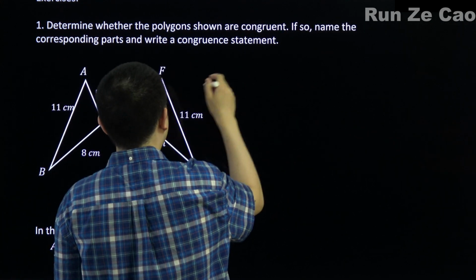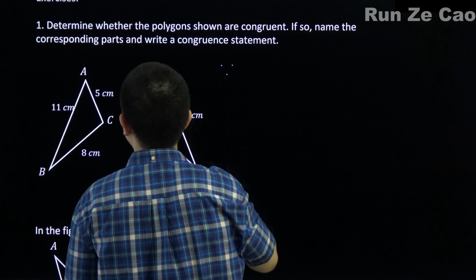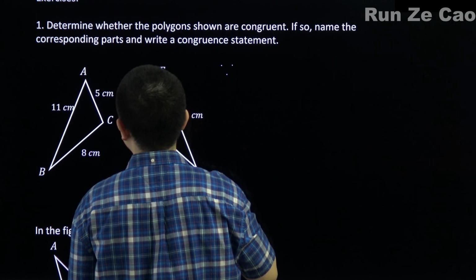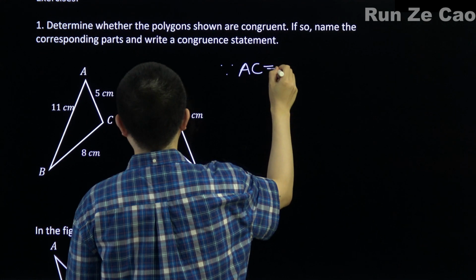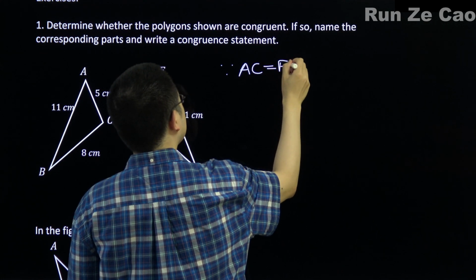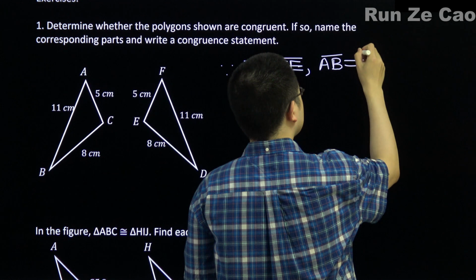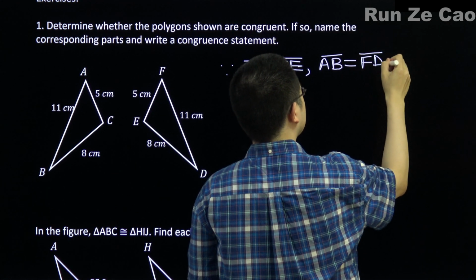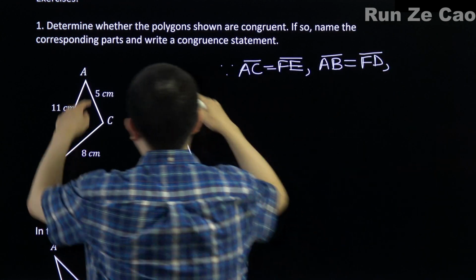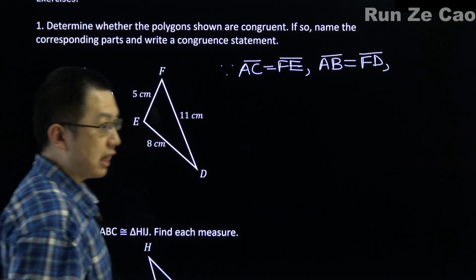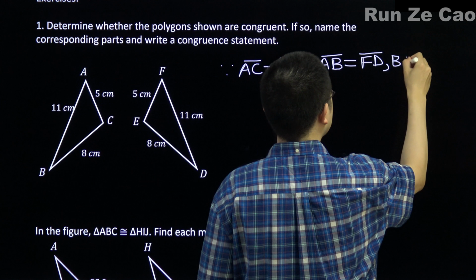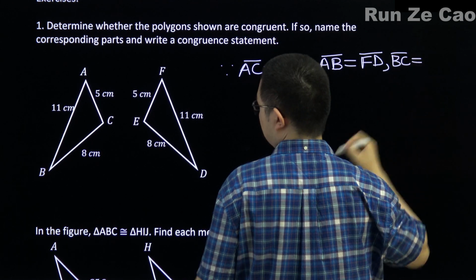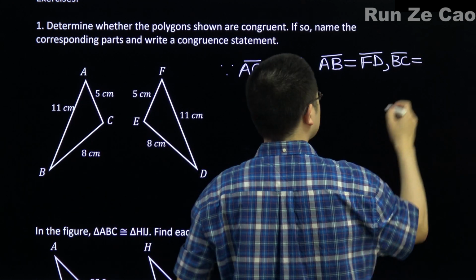So, naming those sides is sufficient for naming the corresponding parts. AC is equal to FE, AB is equal to FD, using the corresponding points to name the lines, and BC is equal to DE.